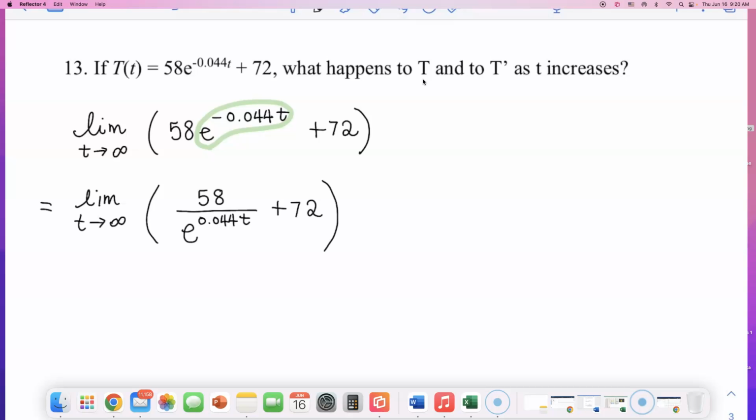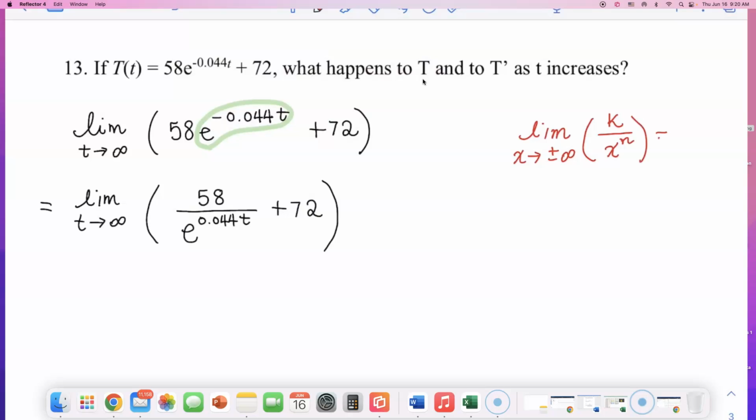Now, you remember this one property? Back in, I can't remember the textbook section number, so I won't open up the textbook. But remember, the limit as x approaches, or in this case, t approaches either positive or negative infinity of a quotient that is in the form of k over x to the nth power.